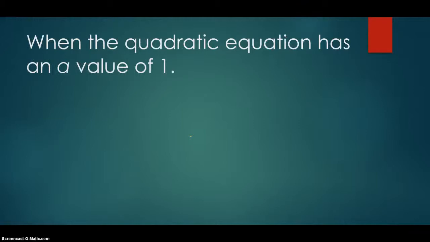When we're factoring quadratic equations, we like quadratic equations that start with a value of 1. And the standard form of a quadratic equation looks like this. And we're usually looking for the ones that have 1 here, something like this. It's got a 1, so that tells me already that factoring might be a good tool to use.